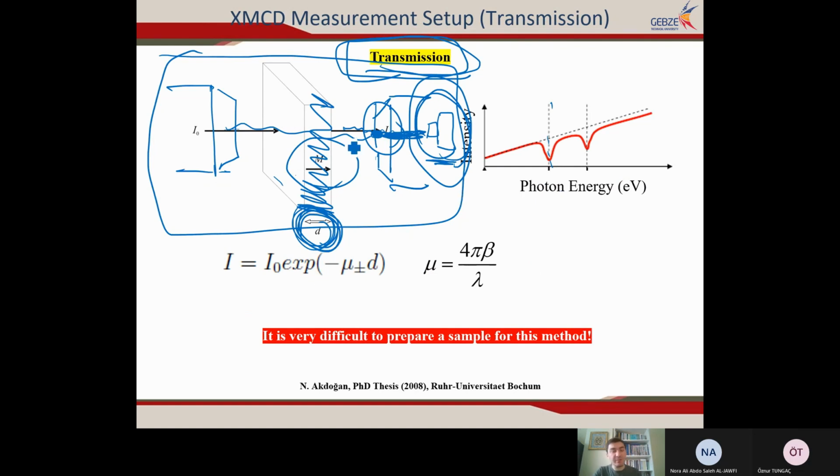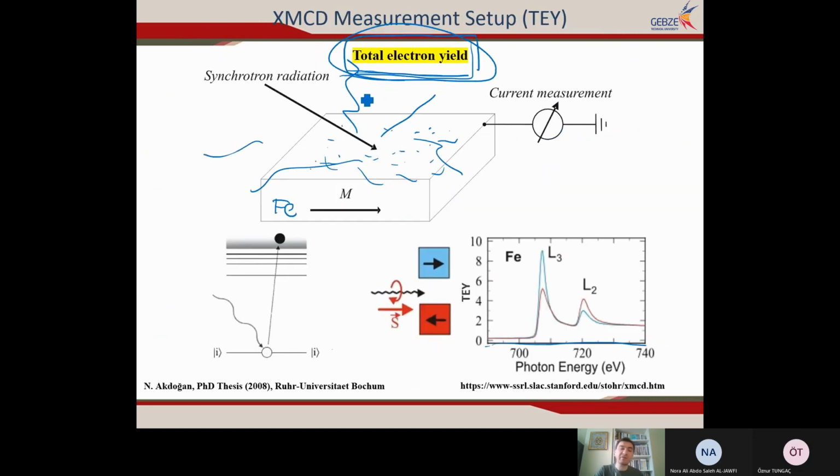You use some chemical methods to get a very thin layer of your material, or the focused ion beam method is used, okay? Then you produce a cross-sectional part of your material, which is also very thin. Then you can use this in XMCD experiments in the transmission method, but this method is usually not preferred, and the total electron yield method is mostly used.